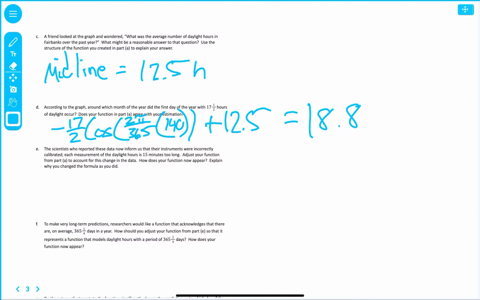What is that going to cause? It's 15 minutes too long. So what's going to have to happen? If it's 15 minutes too long, what do we need to do?